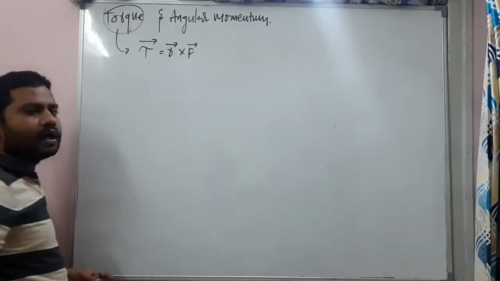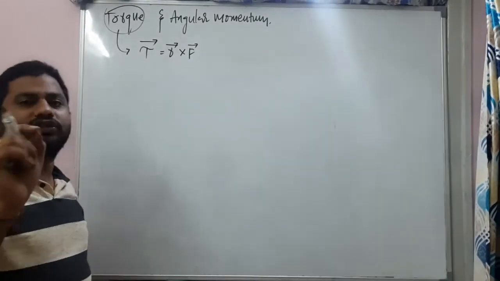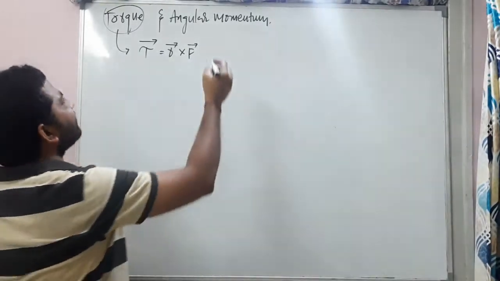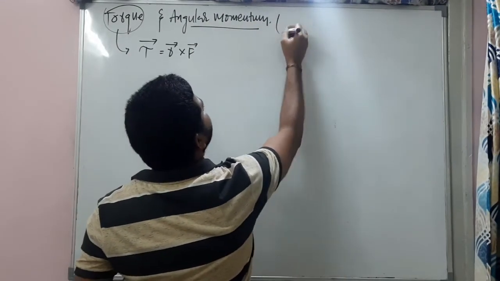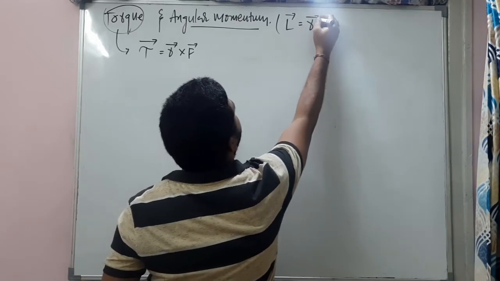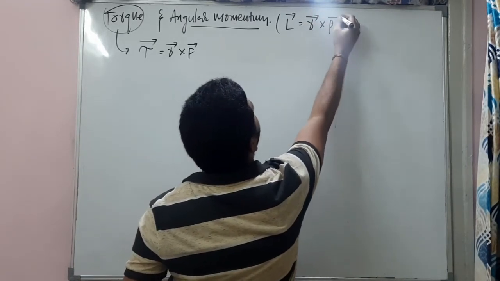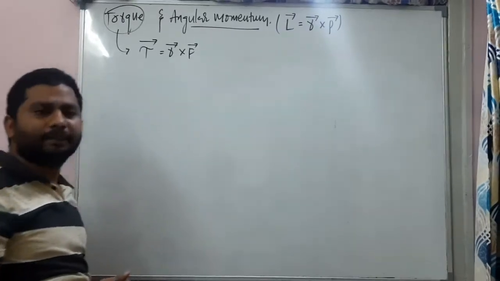What is r bar? Position vector. F bar is the force vector. And this is angular momentum, denoted with the symbol L bar. L bar is equal to r bar cross p bar, where p bar is the linear momentum.